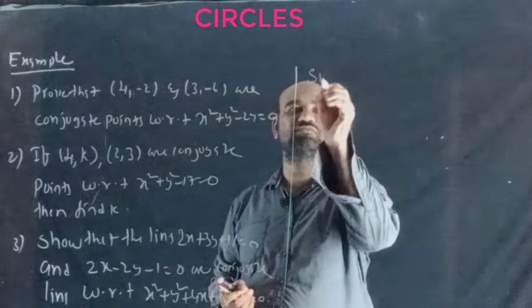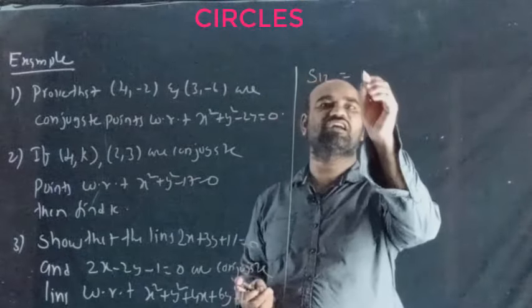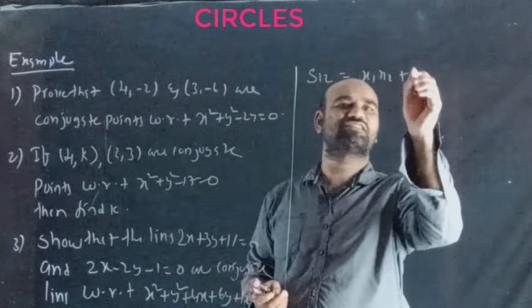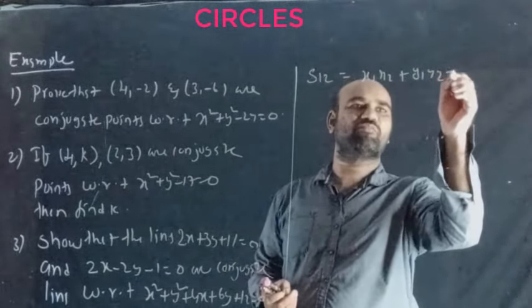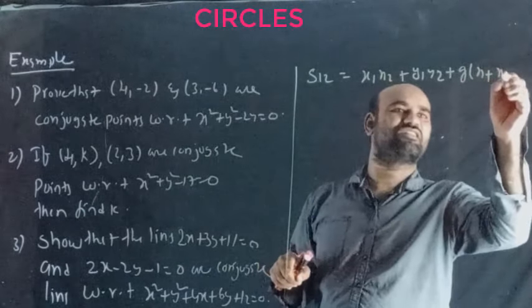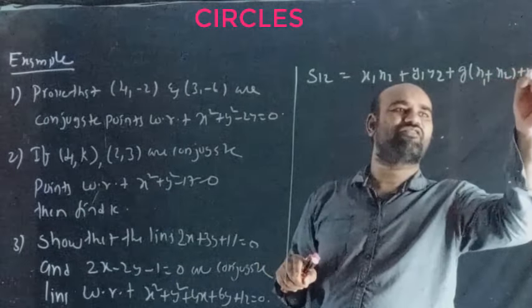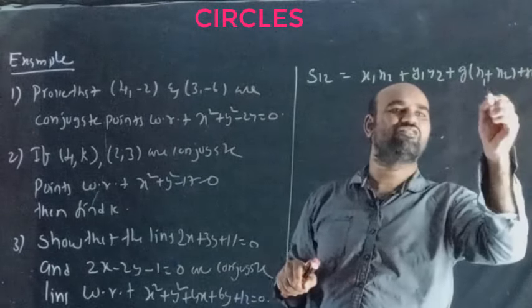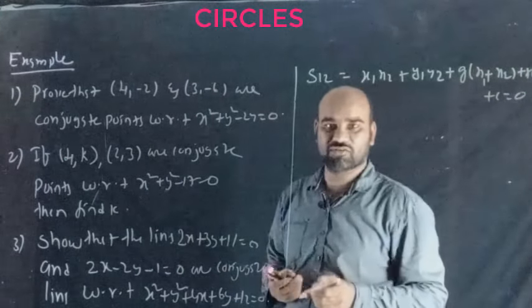So S12 means what? x1 x2 plus y1 y2 plus g times (x1 plus x2) plus f times (y1 plus y2) plus c equal to 0. This is S12.